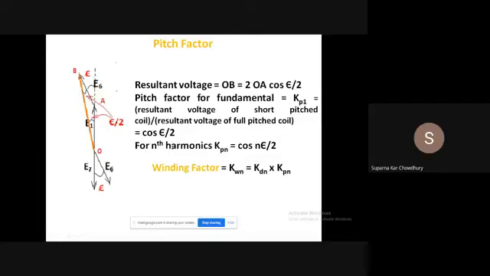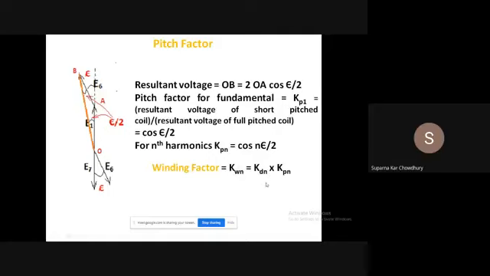By short pitching a winding, the resultant EMF of a short pitch coil compared to a full pitch coil is slightly less. But again, like the distribution factor, this pitch factor value goes on decreasing as the order of harmonic increases. So this winding factor, which is a multiple of these, will be very small for higher harmonics. For the fundamental, it is almost equal to 1.